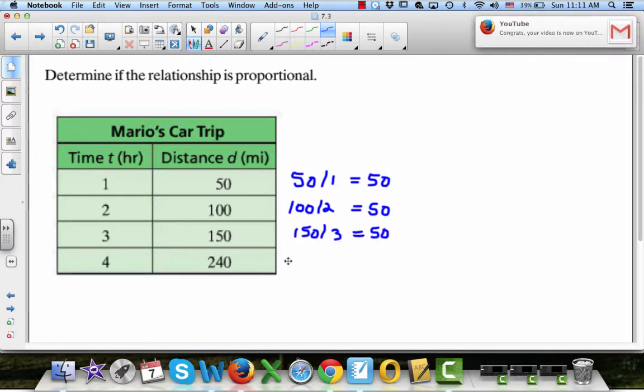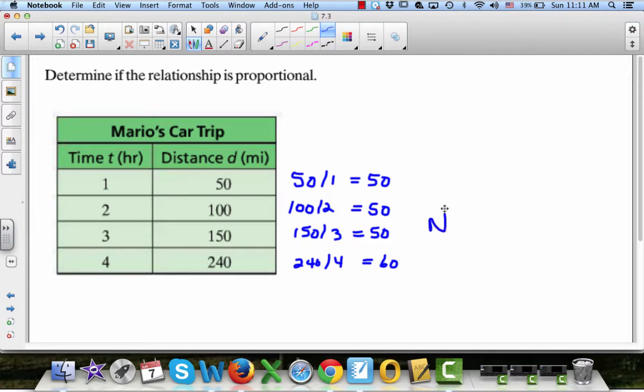And then we've got 240 divided by 4, which gives us 60. So we've got 50, 50, 50, and 60. These are not proportional. It has to be the same all the time for it to be proportional. Just one time being different makes it not proportional.